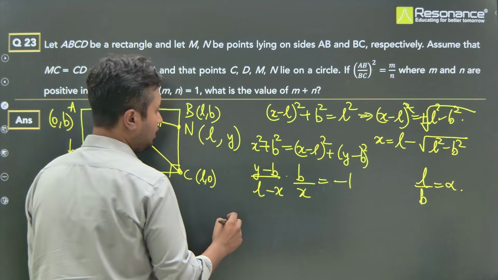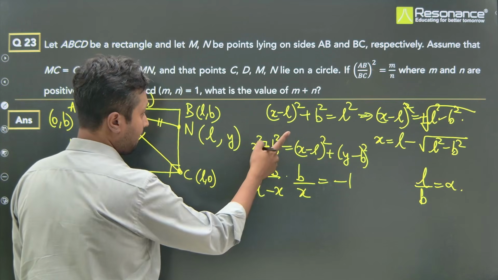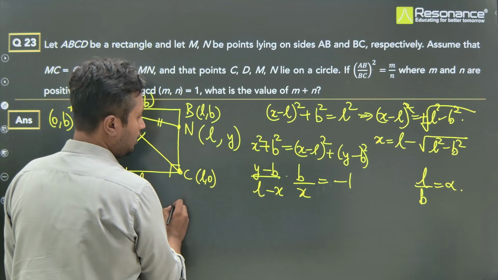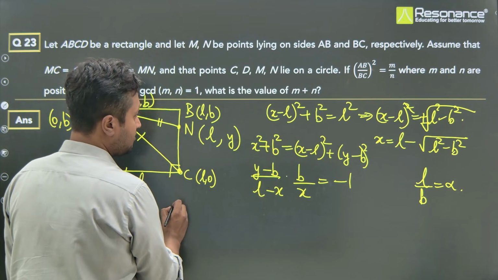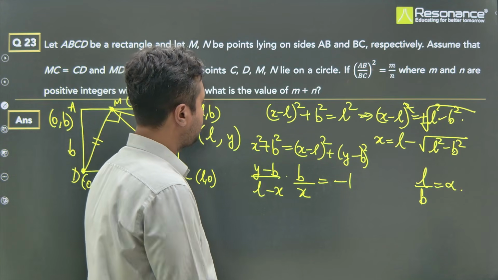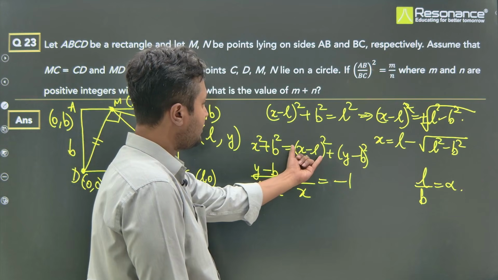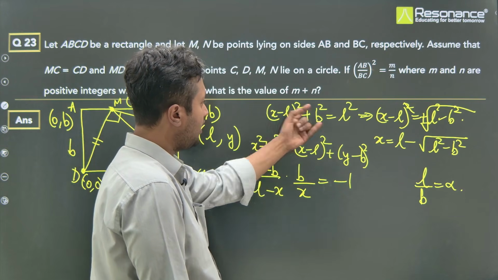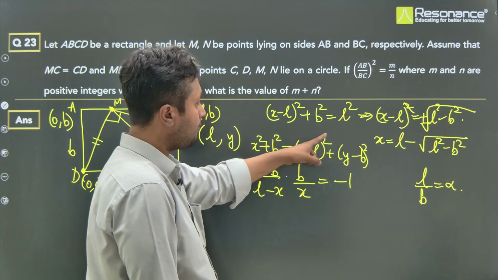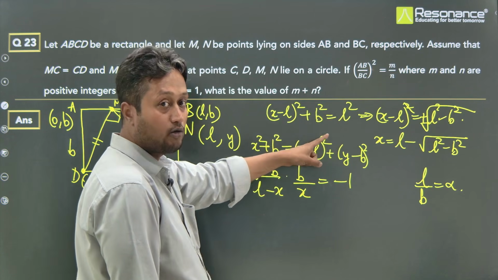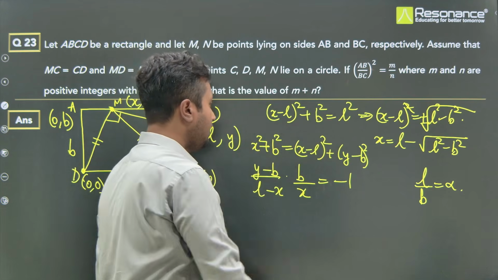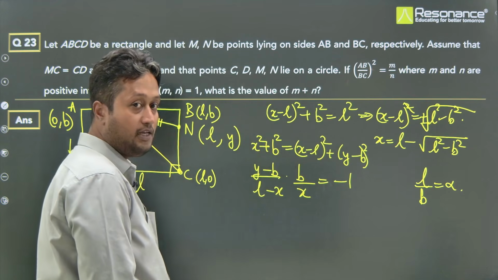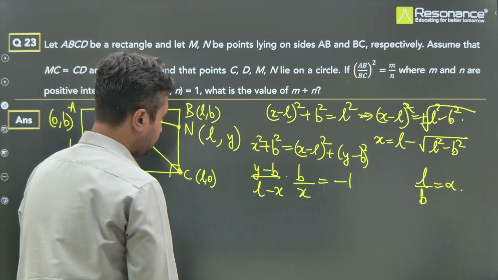We have x is equal to, okay, maybe I'll just expand that out. Okay, this thing over here, x minus L whole square, you can replace it with L square minus B square. So one more B square goes over there. So x square also can be worked in terms of y minus b whole square.